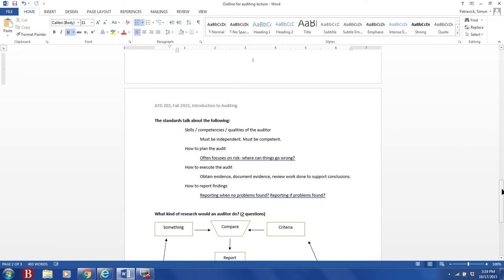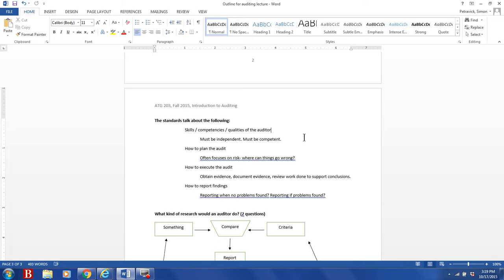So if you were to dive into those standards and look at different parts, what would you see? All of them talk about skills, competencies, and qualities of an auditor. So for example, not anyone can do an audit. If you in some way have a connection to the organization being audited, you're not independent, there's a chance you could be biased.